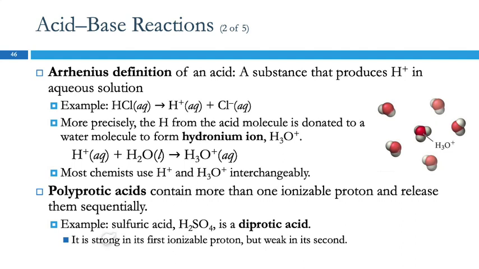An example is sulfuric acid, H2SO4. There are two ionizable hydrogens here. When you have acids like that, they don't lose all their hydrogens at once. They lose one first, and then they give up the second one. So this one is a diprotic acid because it has two protons.